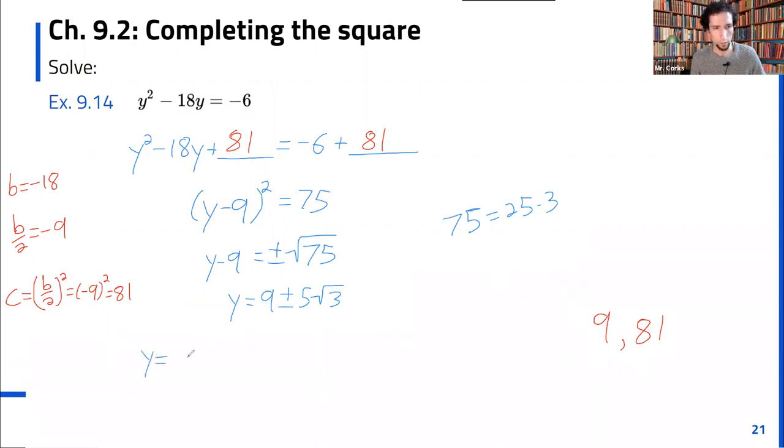So y is equal to 9 plus 5 root 3, whatever number that turns into, or y equals 9 minus 5 root 3. And I know we have these square roots in the solution, but still, if we put these into our original equation and multiply everything out, it would work out.